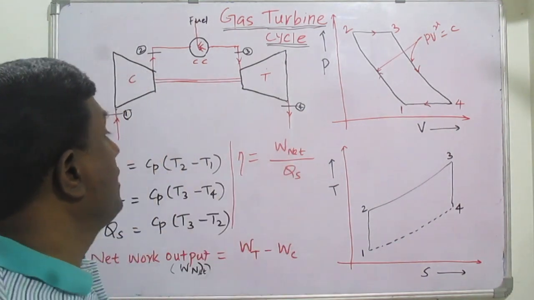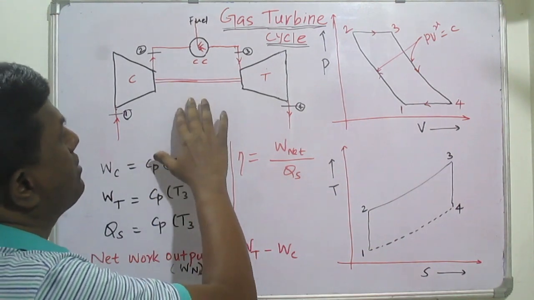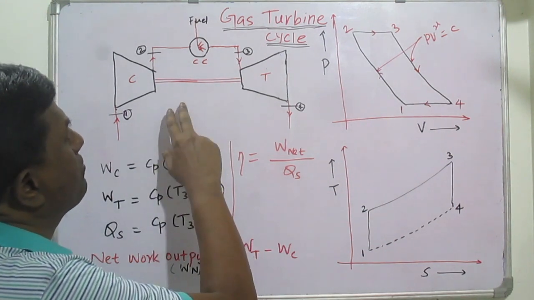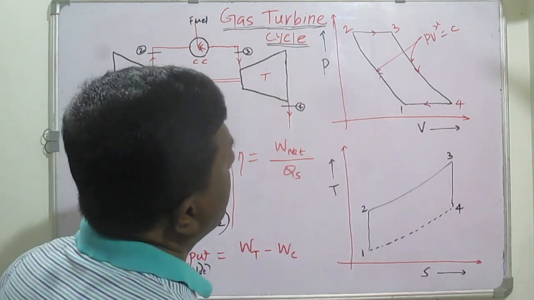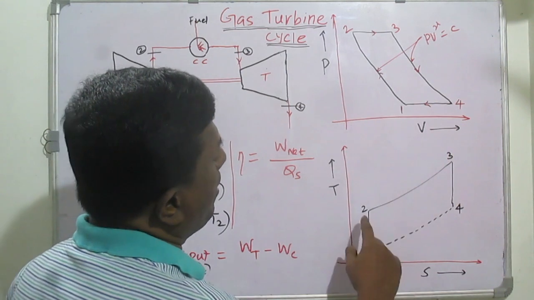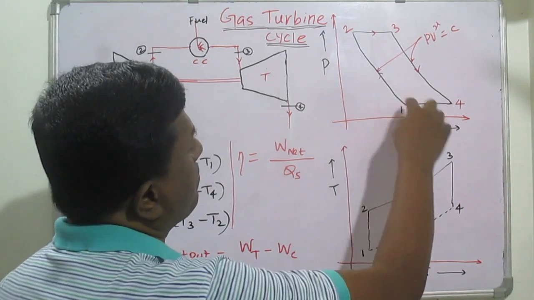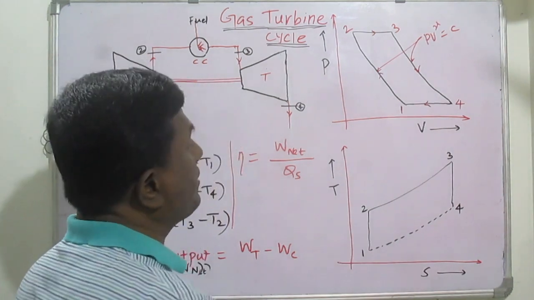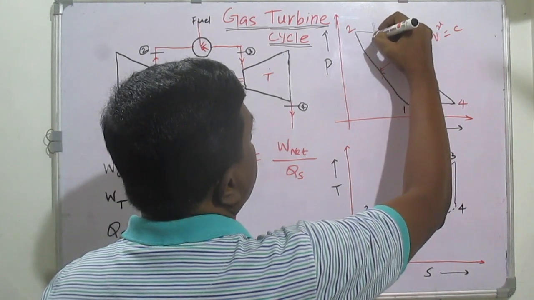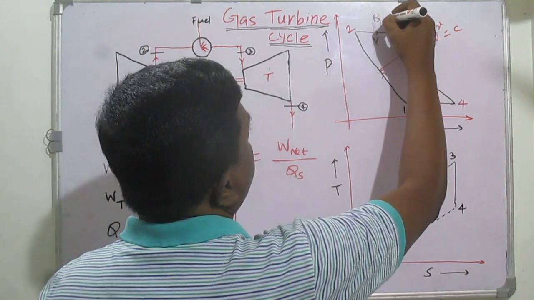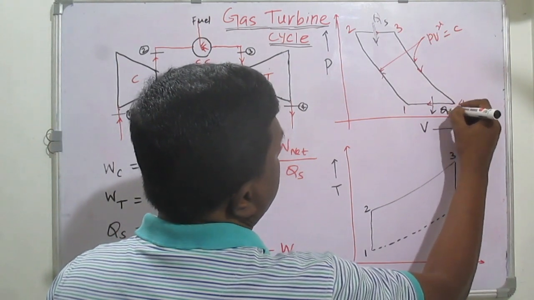We all know this is the simple gas turbine engine, that is, the open gas turbine engine. For that we have the pressure-volume diagram. In this PV diagram, this is the heat supplied, Q, and here is the heat rejection.